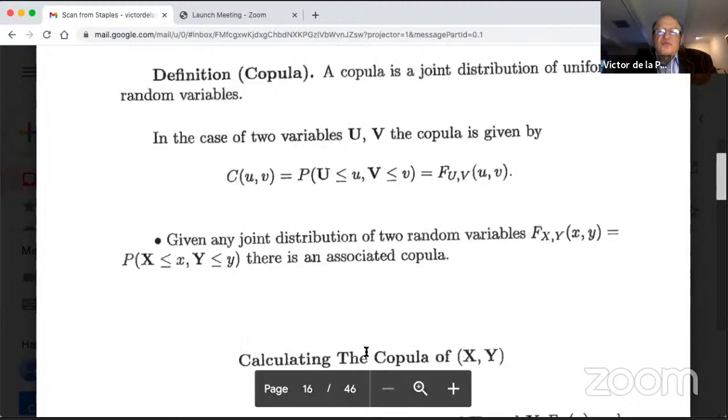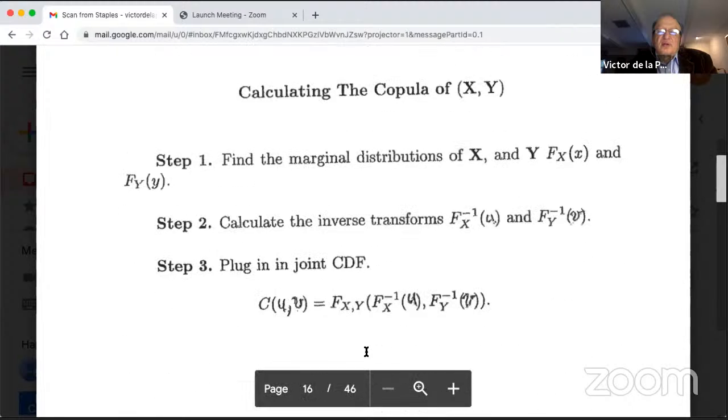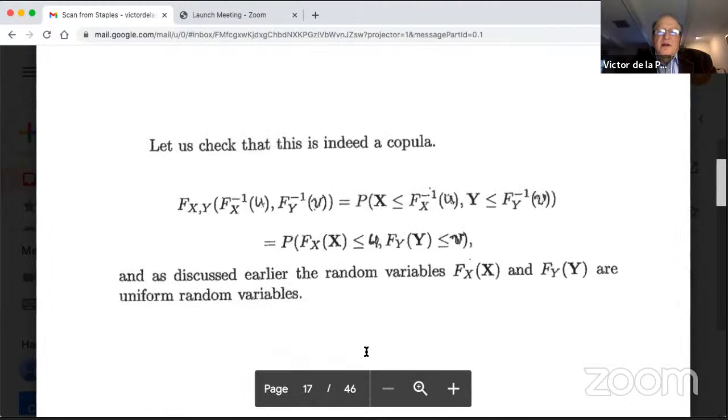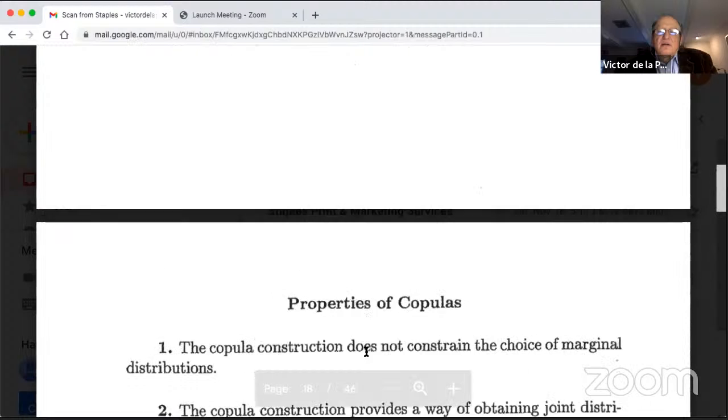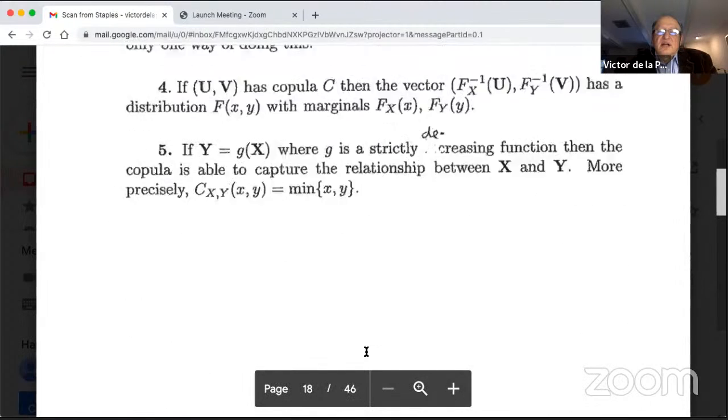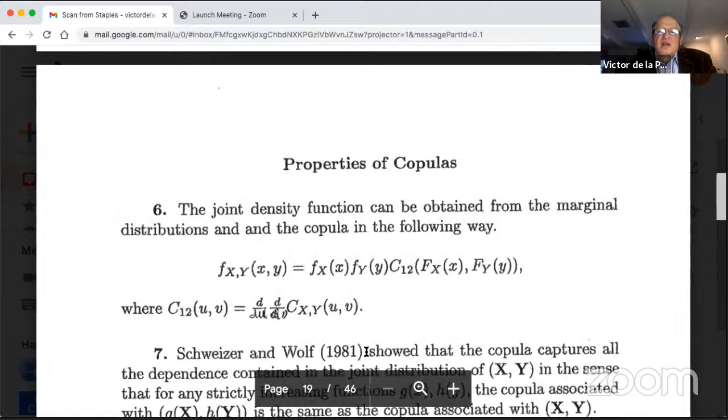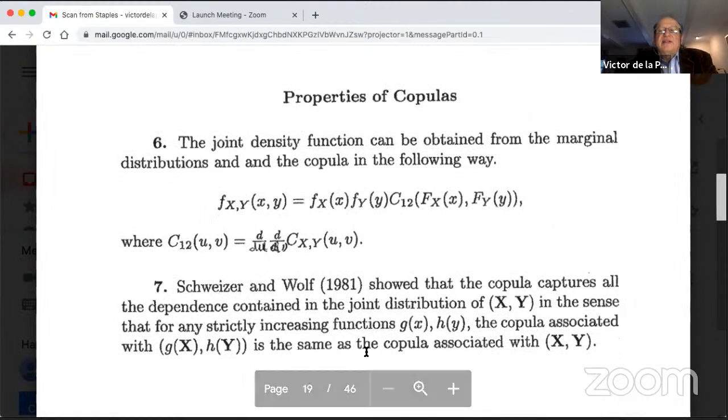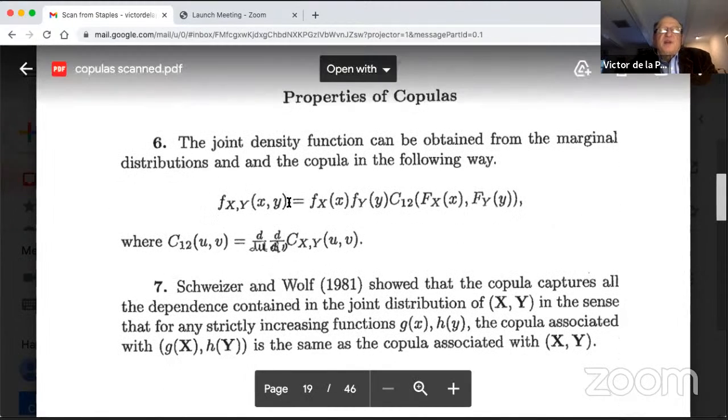Okay, Sklar. Again, I said that this was the most important property.